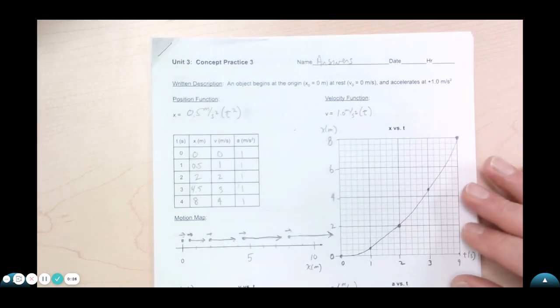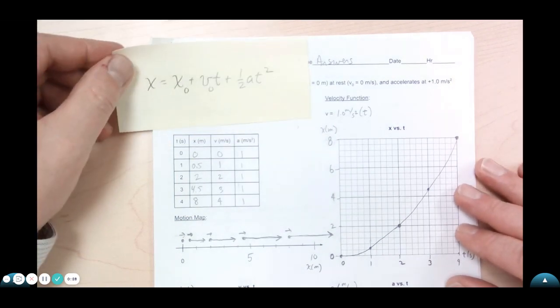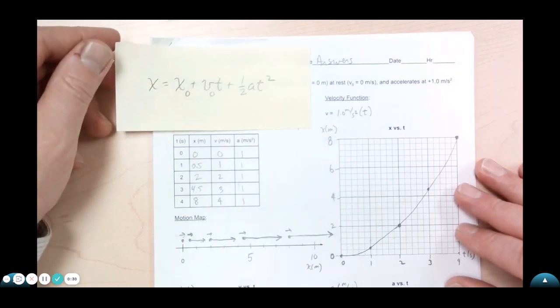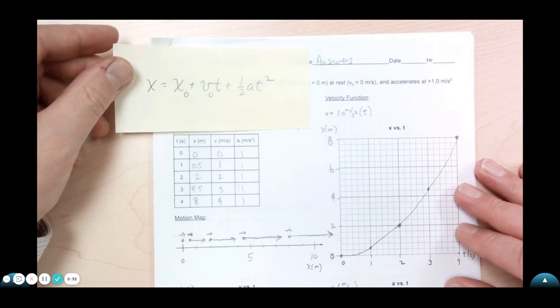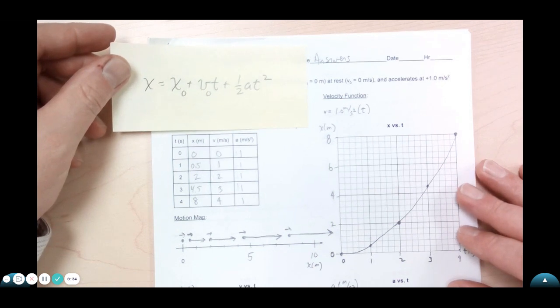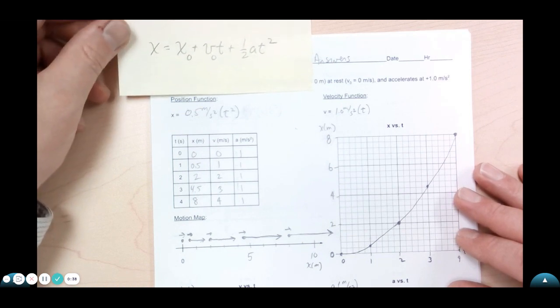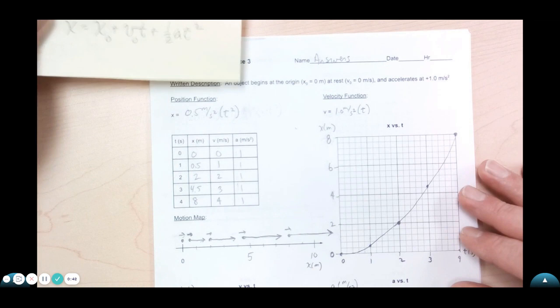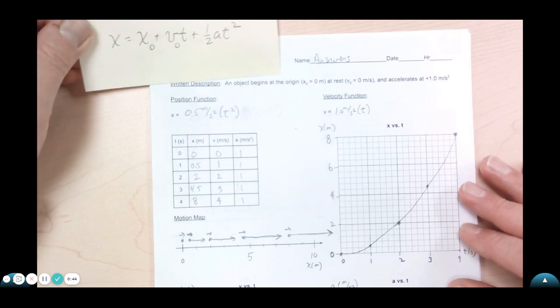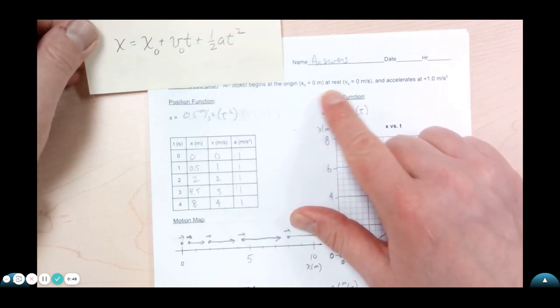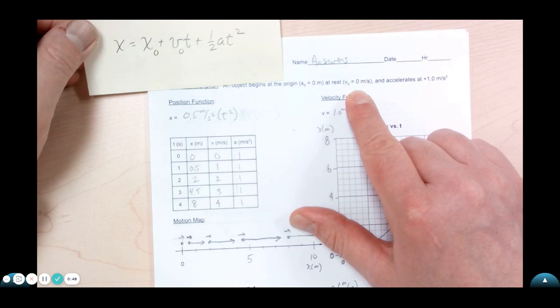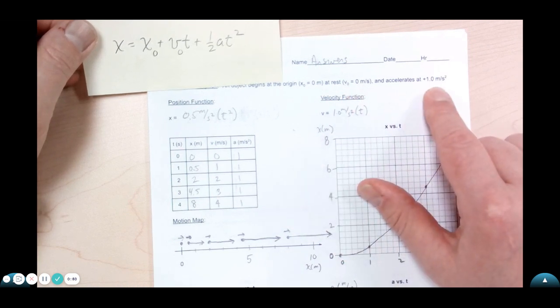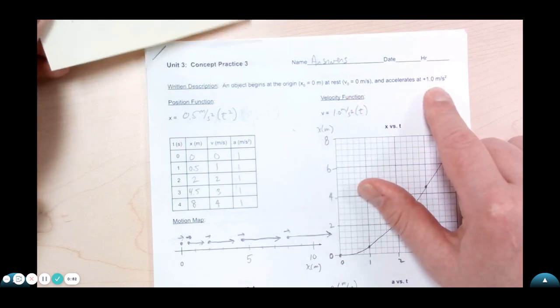So here goes. Remember, generically, that's what we're looking at for a position function for any object that has uniform acceleration. In using this, oftentimes a lot of things cancel. In this particular case, the object began at the origin, so no initial position, at rest, no initial velocity, but did have a positive 1 meter per second squared acceleration.